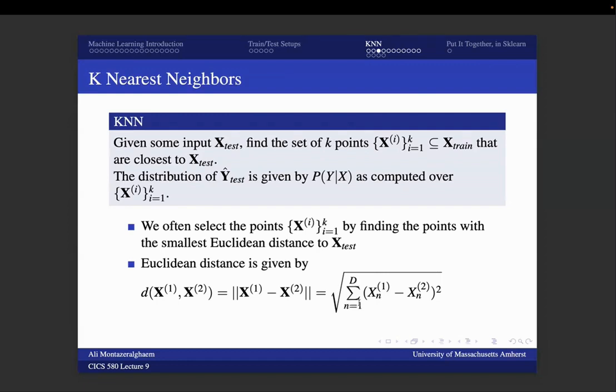So for each dimension, we need to get a difference between the values that we have for each feature, and then use this formula to find the distance between two data points. This is the simplest way to find the distance between two data points, but you can use other approaches to find the distance between data points.